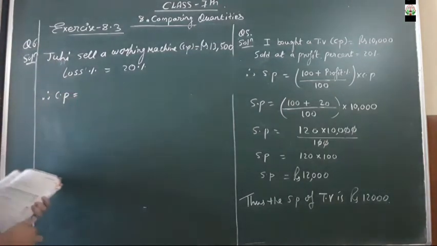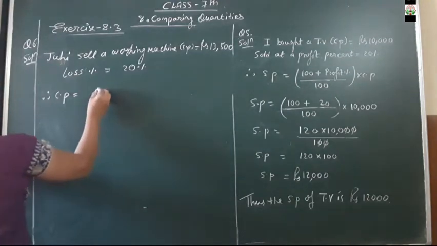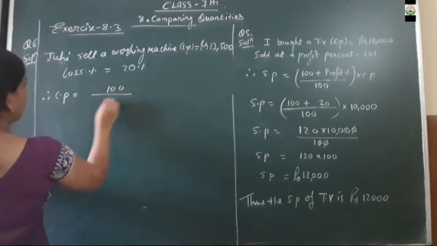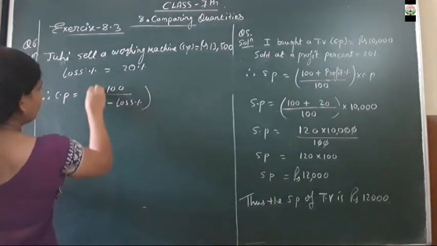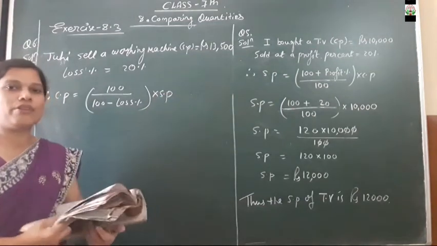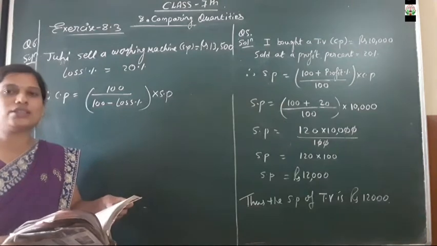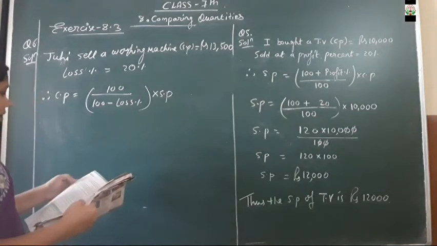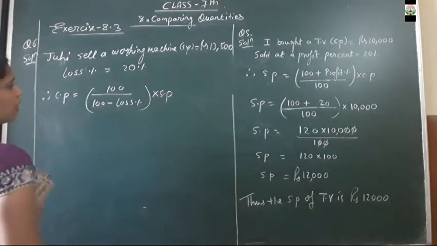So how much is the cost price formula? CP is equal to 100 upon (100 minus loss percent) into selling price. This is the formula. When we have to find the cost price and the loss percent is given, the formula will be CP is equal to 100 upon (100 minus loss percent) into selling price.